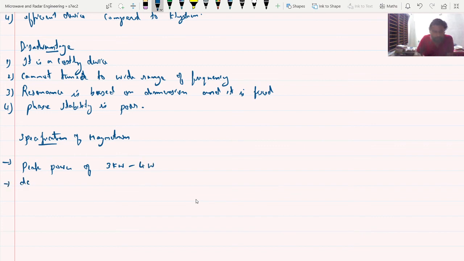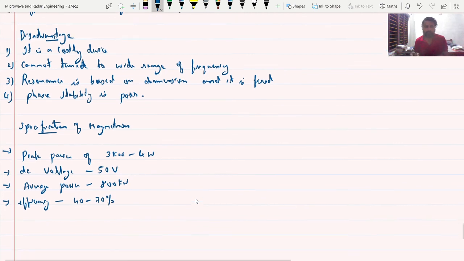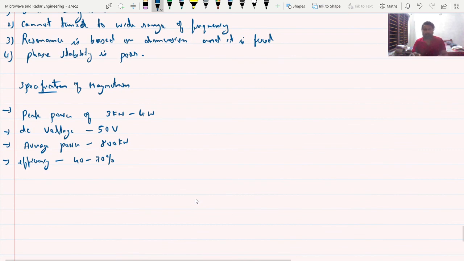DC voltage of 50 volt, average power 800 kilowatt, efficiency 40 to 70%. These are some of the specifications of the magnetron oscillator.